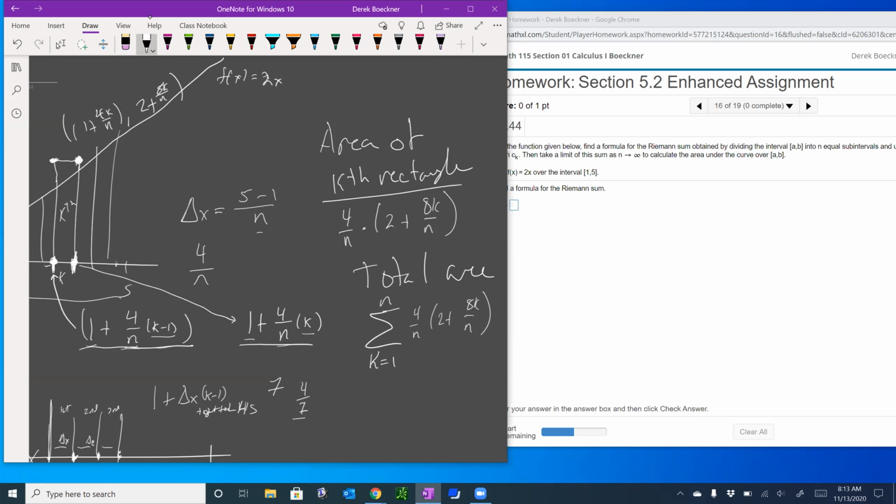If I was doing the left-hand side, I would use this point, and so the height would be different, but I would still be using the k rectangles and how I've got it set up this time. You just want to make sure that your picture matches your algebra. You can do it with left-hand endpoints.